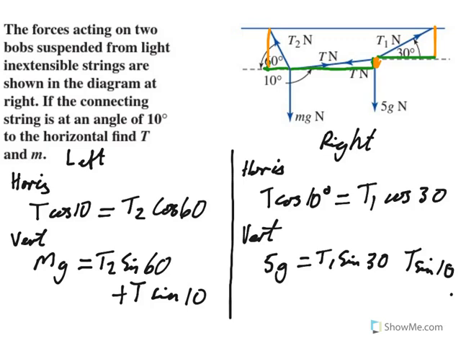So that should be a minus in there. That's what we should be having. So really it's 5G plus T sine 10 equals T1 sine 30.